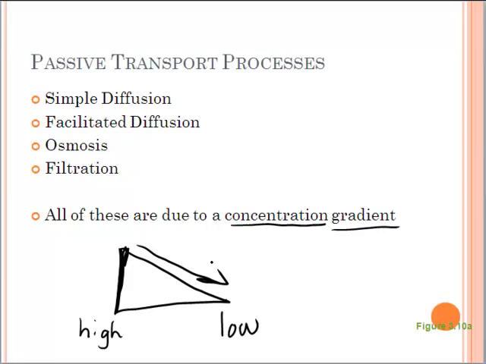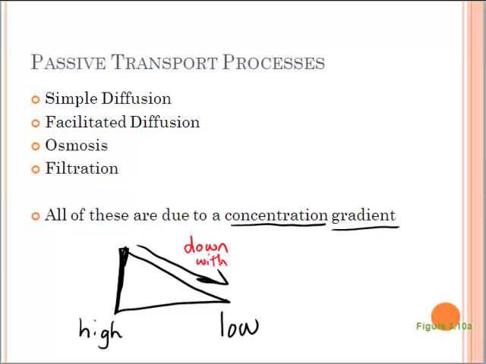Passive transport processes are always moving from high concentrations to low concentrations. We call this moving down the concentration gradient or with the concentration gradient. This is true of all passive processes, moving from a high to a low.